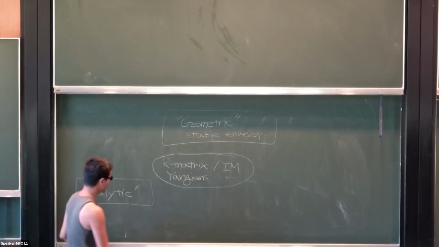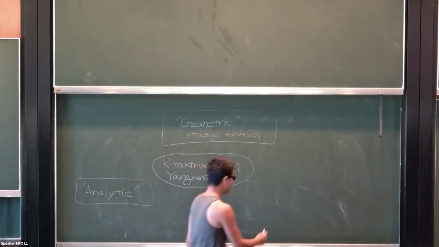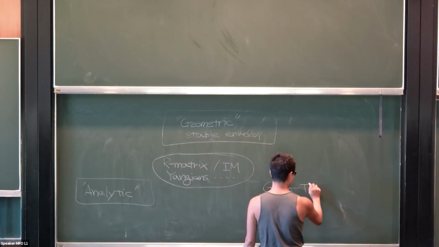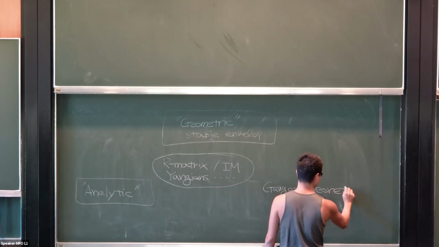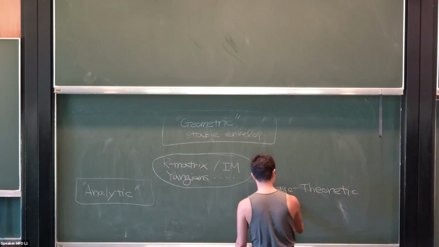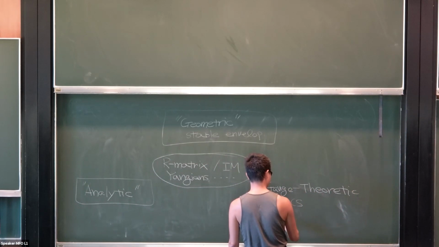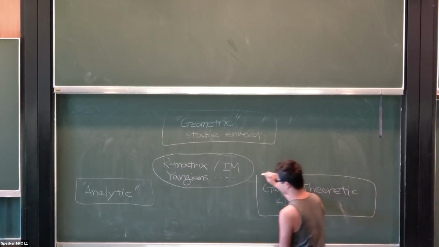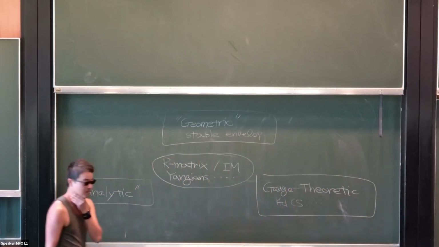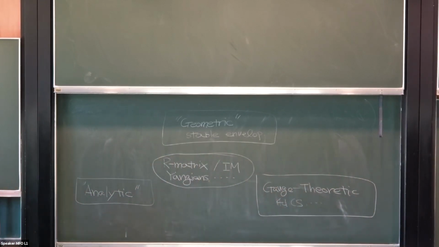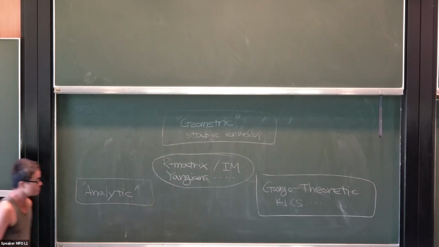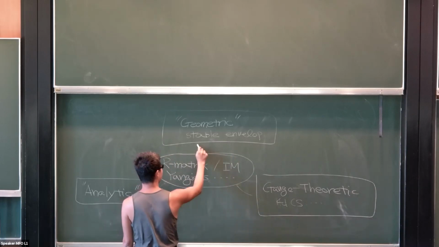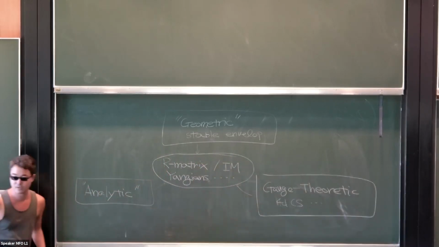So there is an analytic approach to this R matrix, and then the other one is the gauge theoretic approach. This is what I'm going to describe and what was described in the previous talk, coding Chern-Simons and other things. This is yet another approach initiated by Costello, and also in my paper with Edward Witten and Costello. So these are several different approaches to how to understand integrability and R matrices in Yangians.